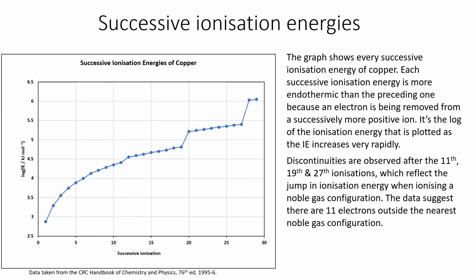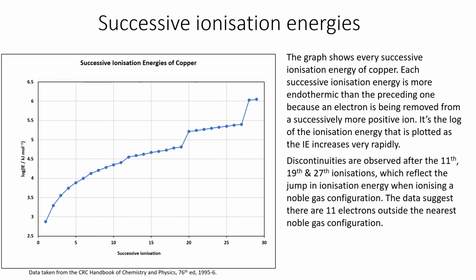Whereas going from the 11th to the 12th ionization, really we're going from 3d to 3p, aren't we? So I think that's why it's a smaller jump. So that's how we're interpreting the graph, how we interpret the discontinuities.